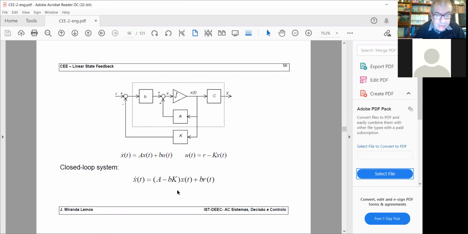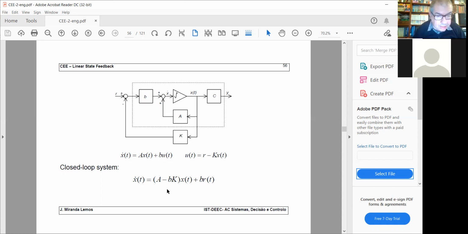So you have changed the dynamics depending on this vector K. And this external term r is just multiplied by B. For the moment, r is assumed to be 0, so this is not very important.